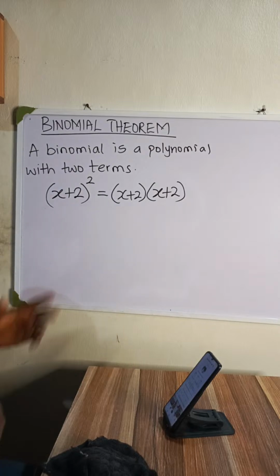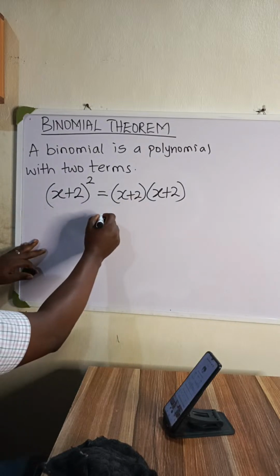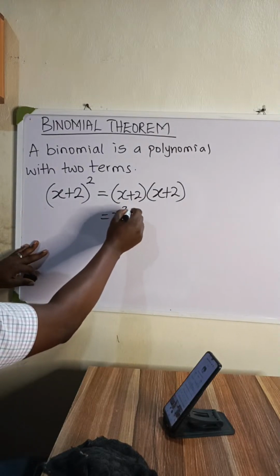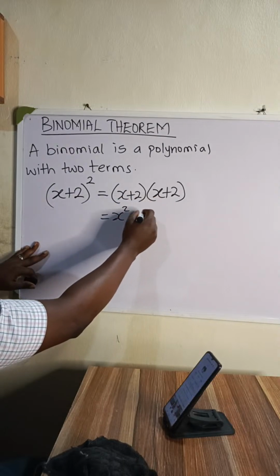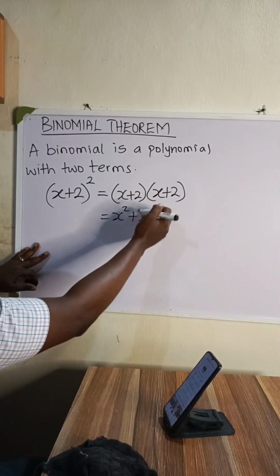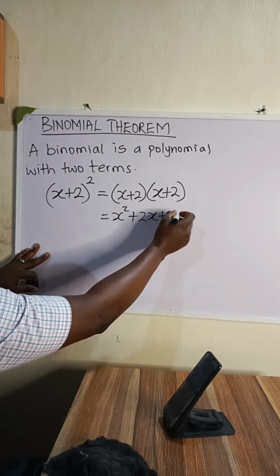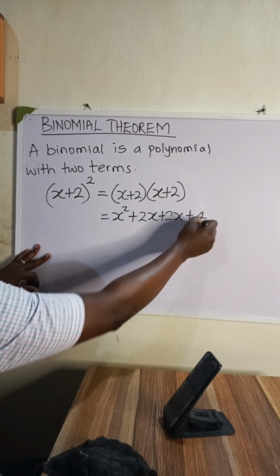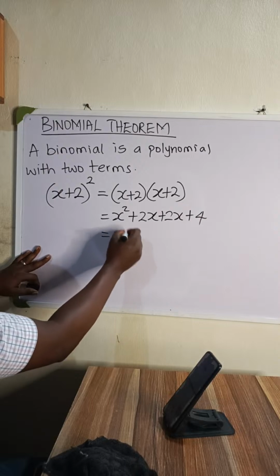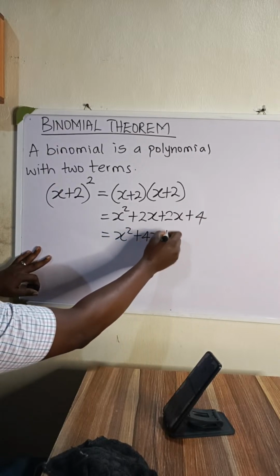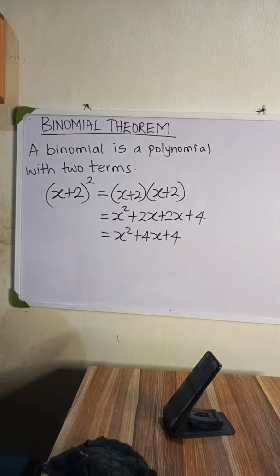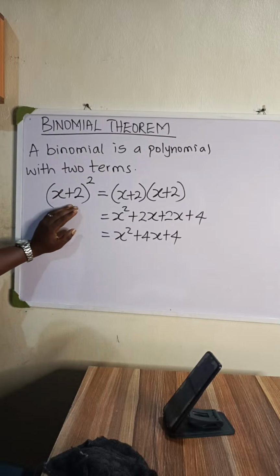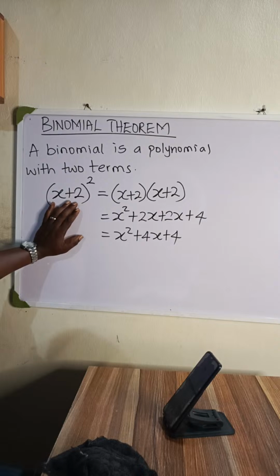And we know what the answer will be. x multiplied by x is equal to x squared. x multiplied by 2 is equal to 2x. 2 multiplied by x is equal to 2x. And 2 multiplied by 2 is equal to 4. So this will give us x squared plus 4x plus 4. Now we have expanded this binomial that is multiplying itself.